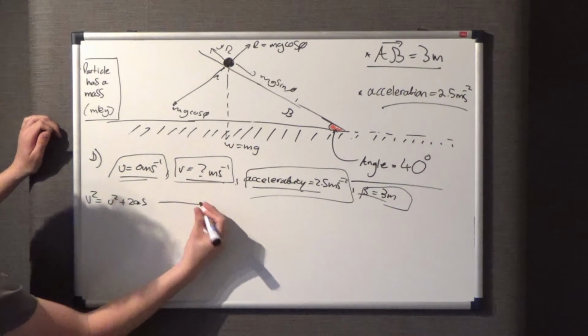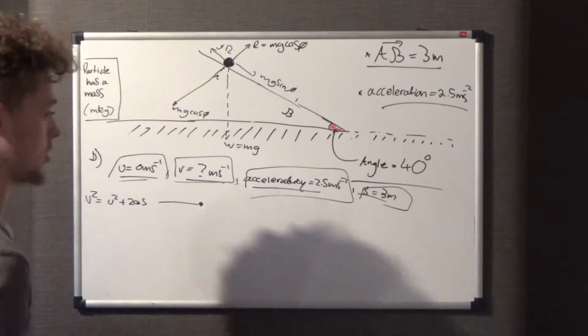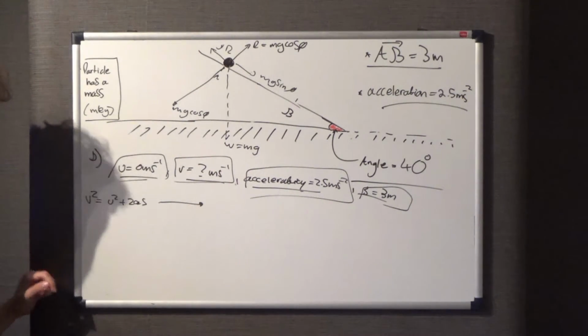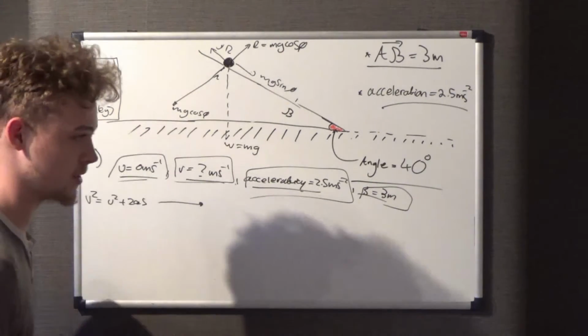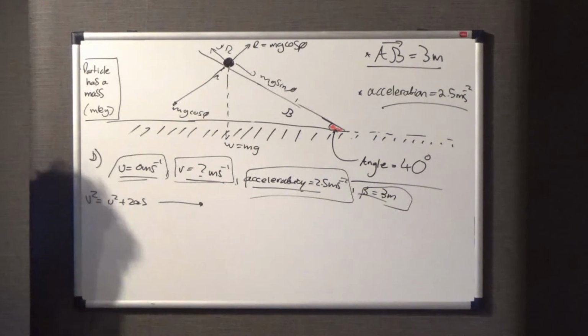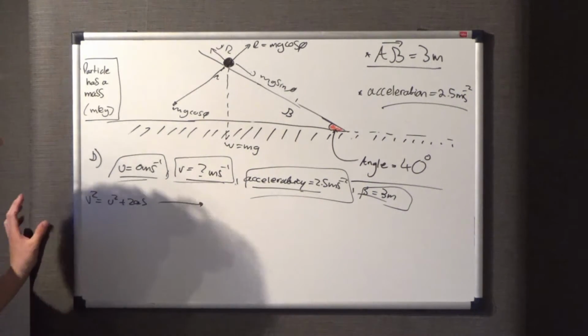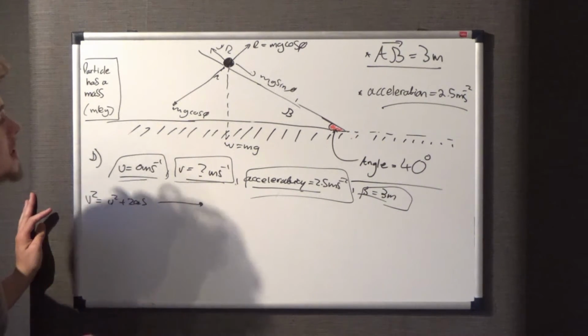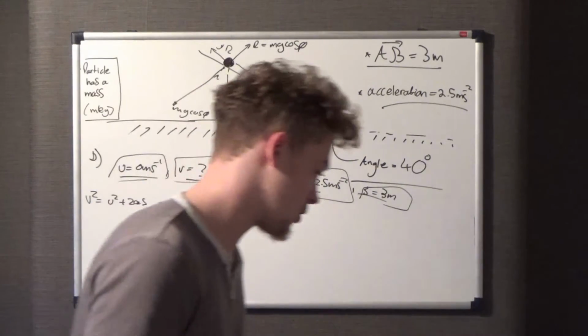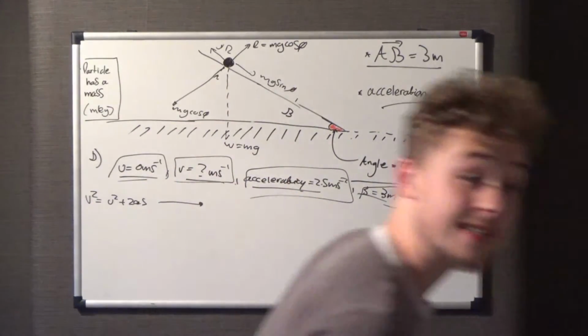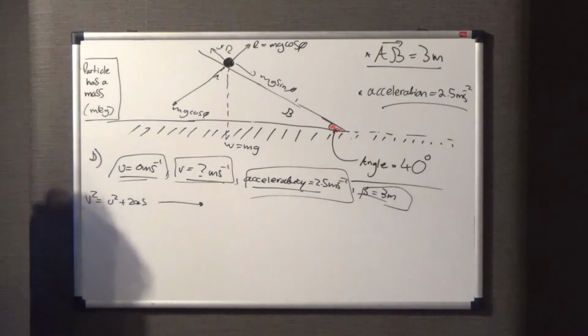Again, I think for these super equations, it's just a case of doing so many questions you just remember them. I remember them off the top of my head because I did physics last year and used them so many times they just come into my mind. But if it doesn't for you, then it's just a case of remembering the formula. And to be honest, this question is only worth 2 marks anyway, so it's not such a big deal if you don't get it.